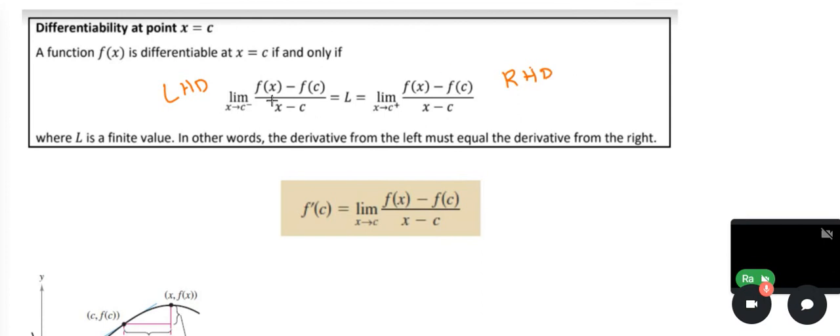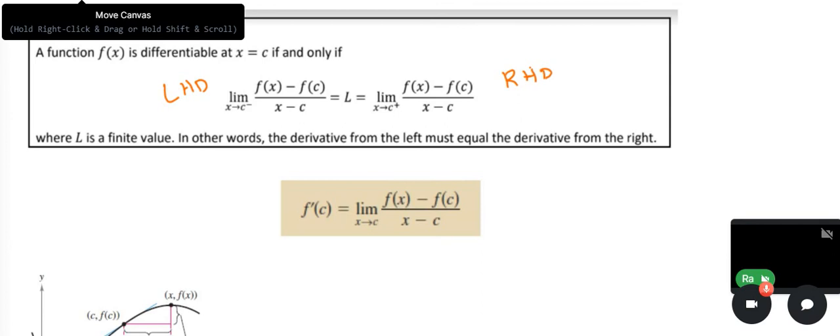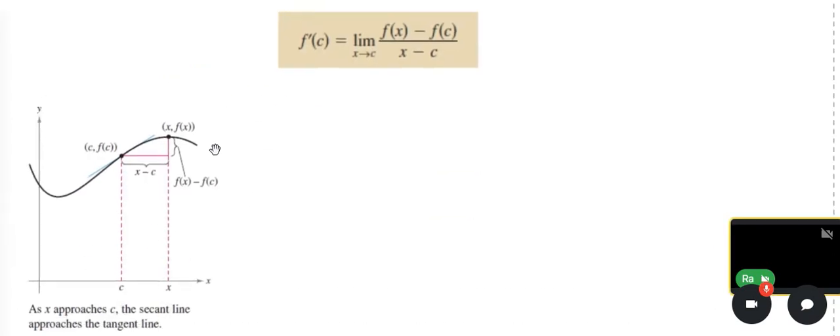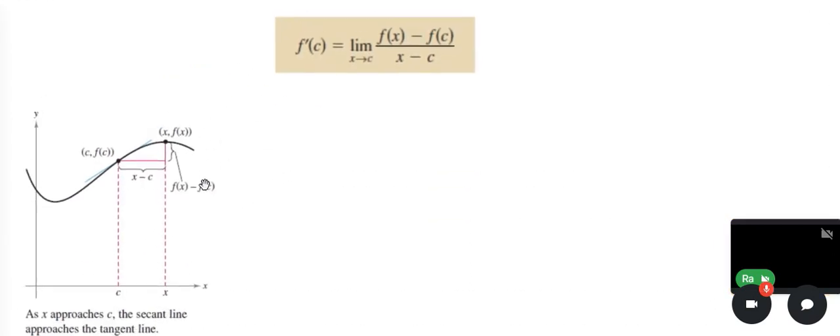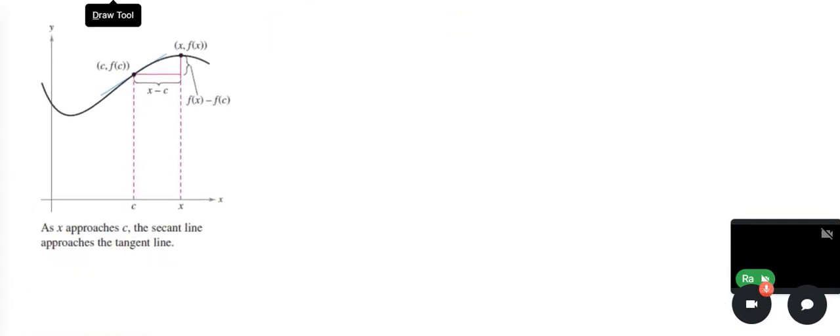So (f(x) minus f(c)) divided by (x minus c). We know this, right? Let's try to understand the slope of the tangent line. Let's take this graph. We'll revisit the definition later on.